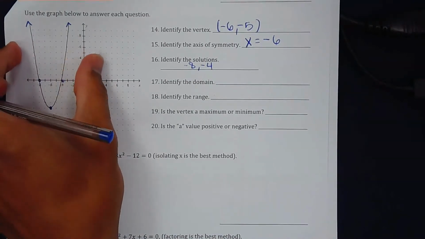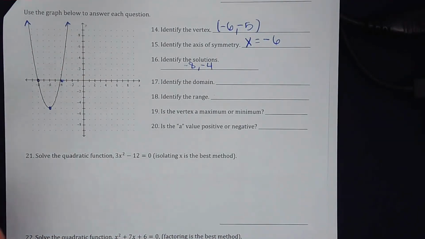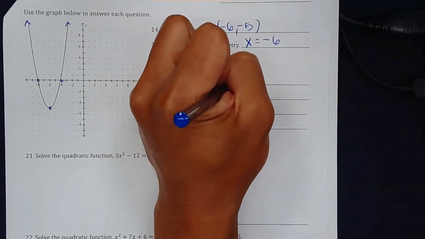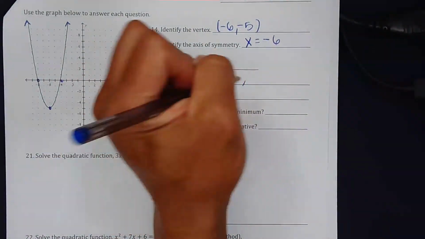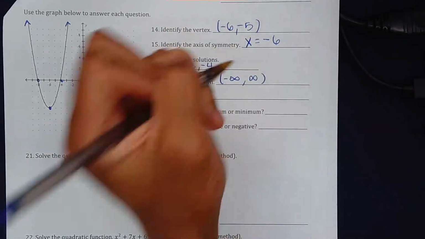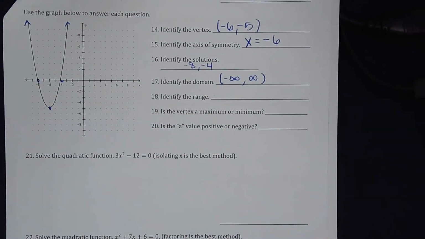It won't stop getting wider and wider. So all the way to the left, we can say that it goes to negative infinity. All the way on the right, we can say that it goes to positive infinity. All right, remember, with the infinity symbols, we use parentheses.